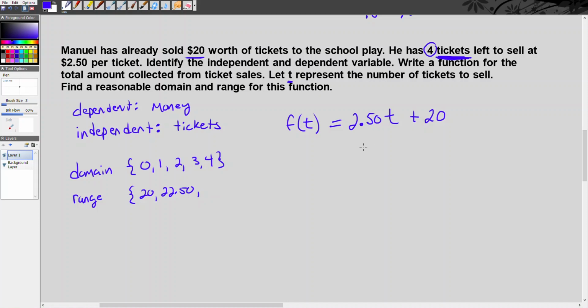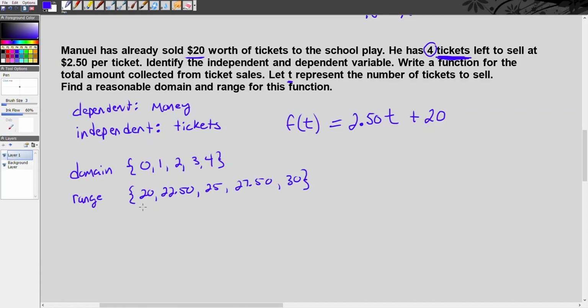And if he sells 2 tickets, now hopefully by now you see that you're just adding $2.50 each time, right? So he's going to have $25. And if he sells 3 tickets, that's going to be $27.50. And if he sells 4 tickets, that's going to be $30. And so that is your reasonable domain and range.